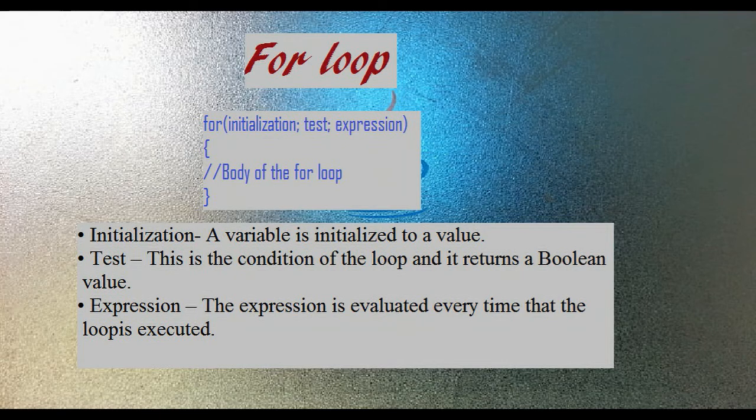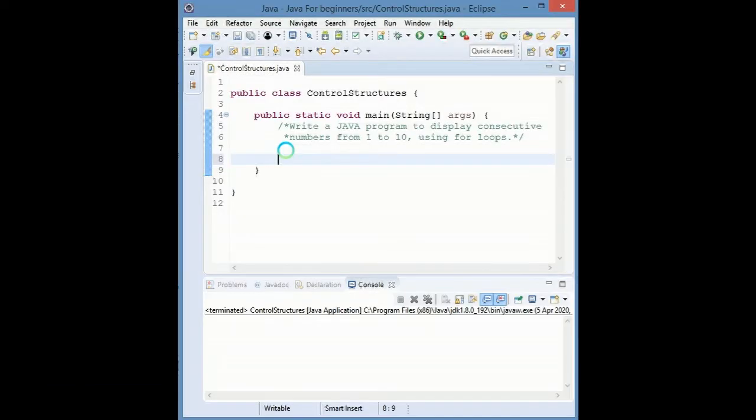For loop. A for loop repeats a set of statements until a condition is satisfied. There are three major parts in a for loop, namely initialization, test or condition, and the expression. Initialization is where a variable is initialized to a value. Test is the condition of the loop and it returns a Boolean value. The expression is evaluated every time the loop is executed. We'll try the same example using a for loop.